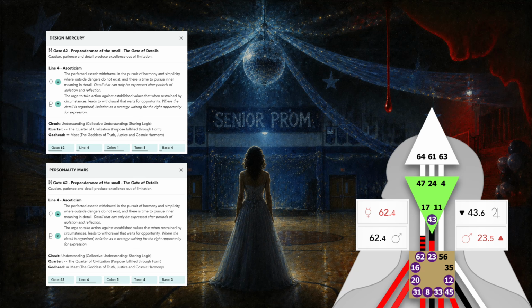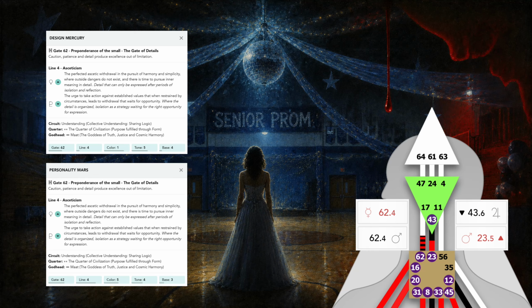This means the isolation is not passive or peaceful. There is a driven quality to it, an urgency. King did not just retreat to write, he drove himself into it. 2,000 words a day, every day, even on holidays. Mars on the 62.4 makes the ascetic withdrawal feel more like a campaign than a vacation.